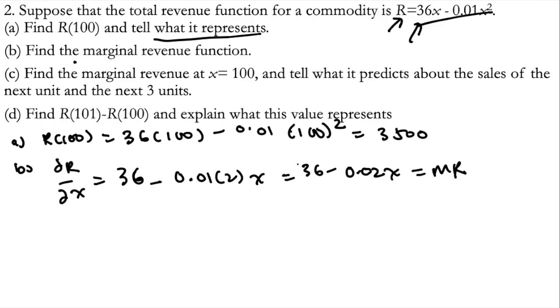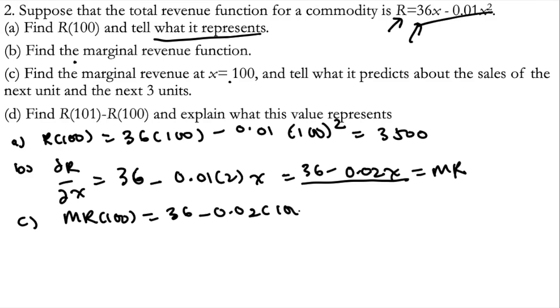Question C. Find the marginal revenue at x equals 100 and tell what it predicts. What you can do is, you have found the marginal revenue function. You substitute x equals 100 back into this new marginal revenue function. So marginal revenue of 100 equals 36 minus 0.02 times 100. And what is the answer?